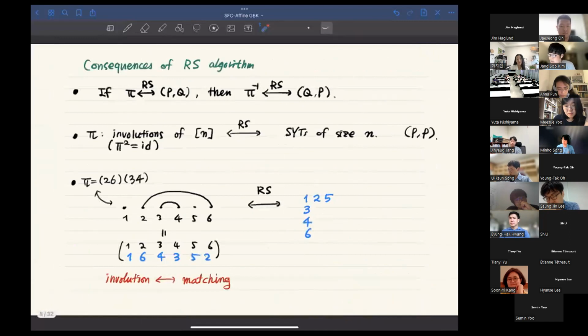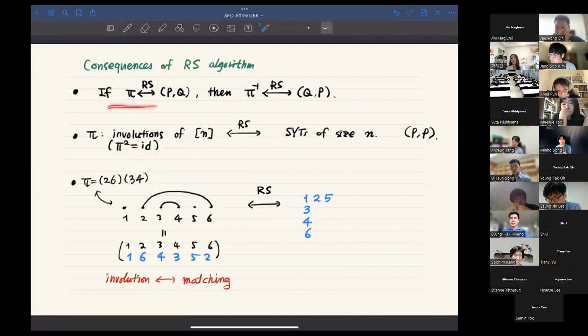And there are many interesting properties of the Robinson-Schensted algorithm. One of them is the following: if a permutation corresponds to the pair P and Q, then its inverse corresponds to Q and P. So if the permutation is an involution, meaning that the square is the identity, then the pair is just P and P. So we can just think of this as a single tableau.